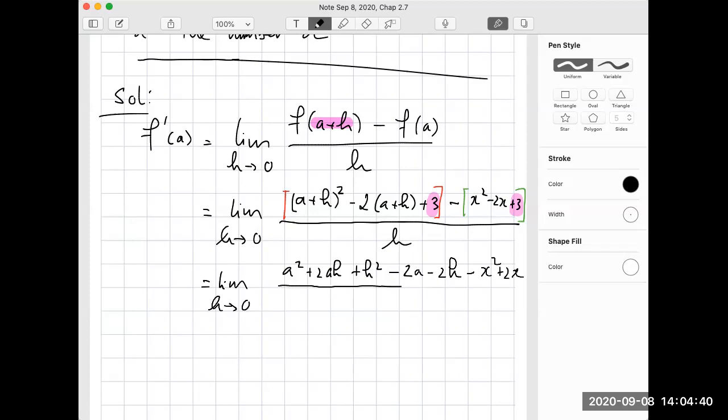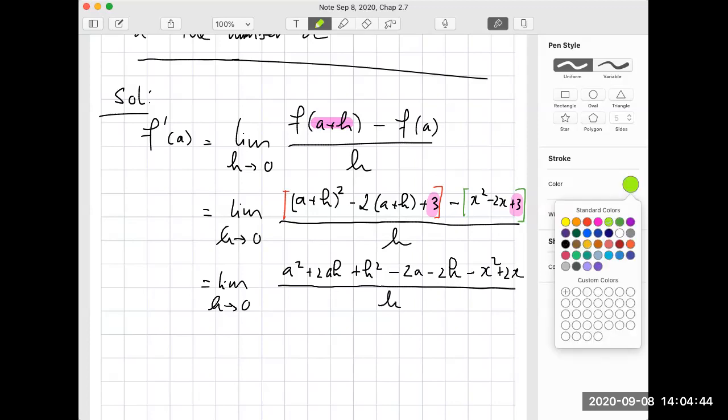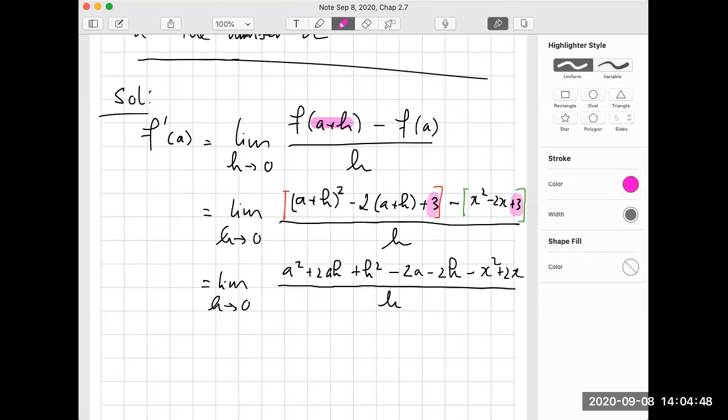When we remove the parentheses here, remember to change the sign. Okay? And this is the denominator. Remember here, this is negative sign. Therefore, we have this is positive, and this guy is positive, then we change the sign to be negative. So just be careful.